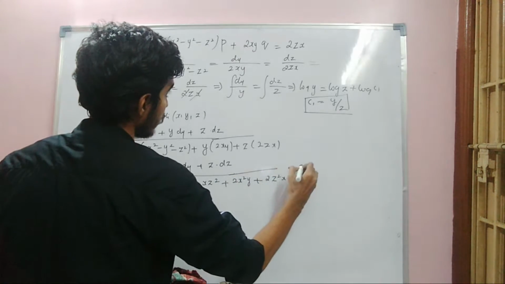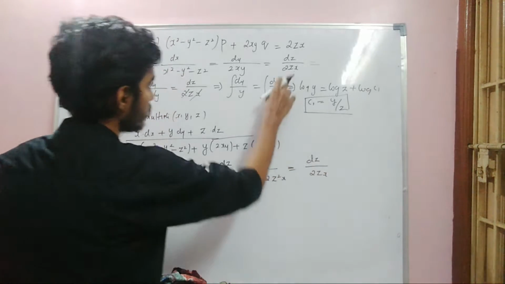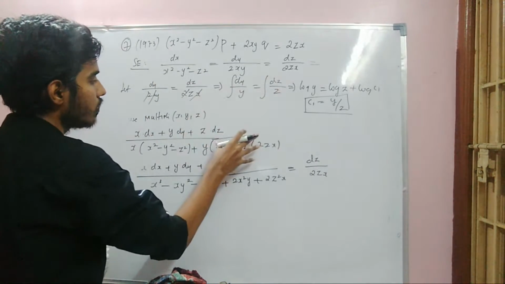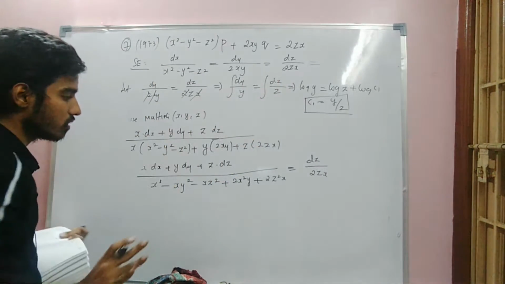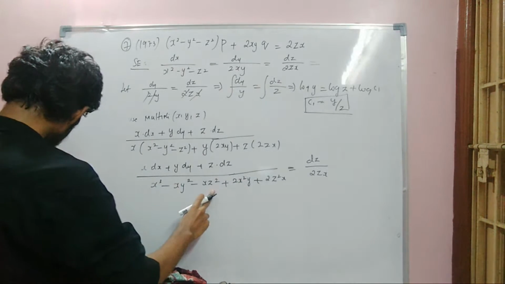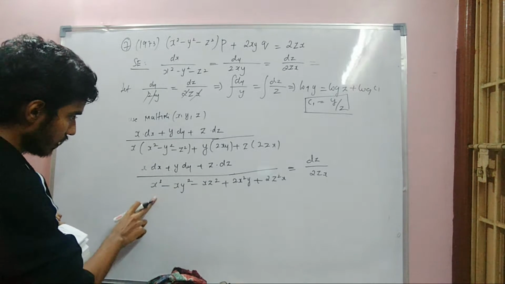Now I am going to equate this with dz by 2zx because this is equal to all three. So I am going to group this term and this term. So minus xz square is x cube.